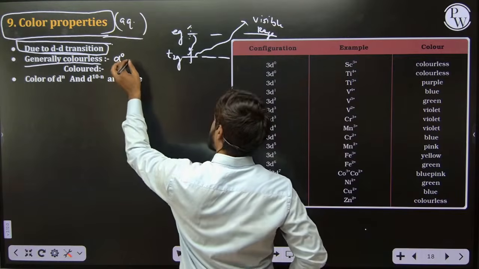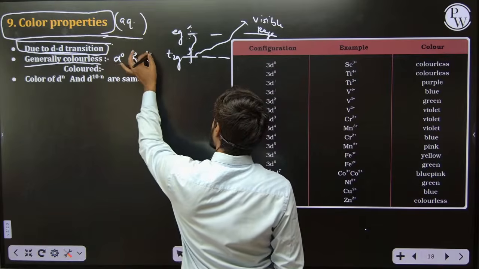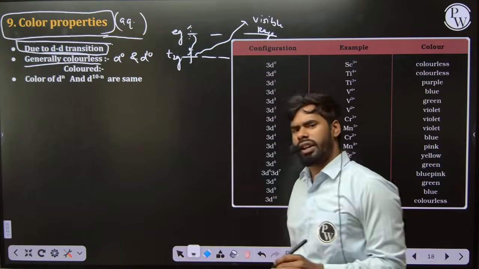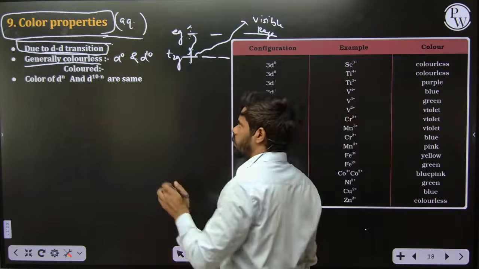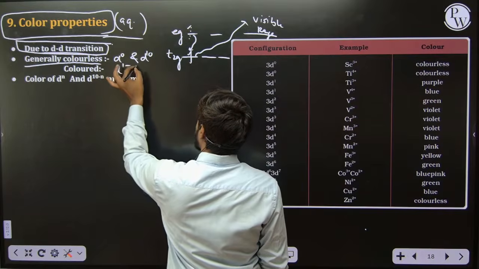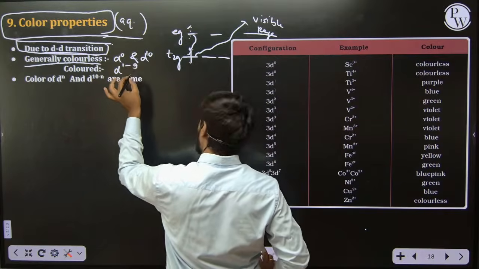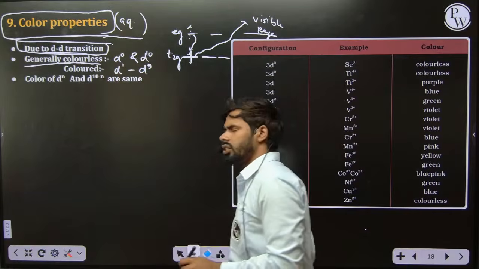Also in the case of d10, the d-d transition will not occur, as the number of unpaired electrons is zero. Colored ions are possible from d1 to d9, where a d-d transition is possible.